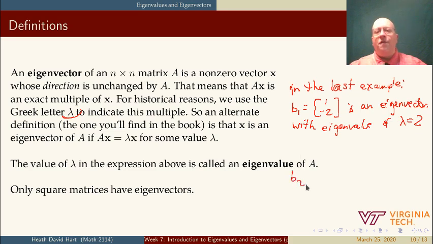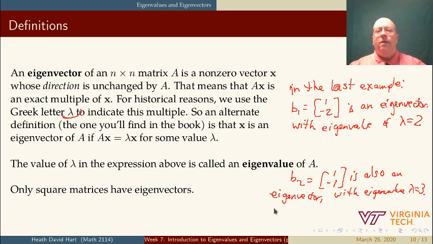And the second vector is also an eigenvector, but it has an eigenvalue of 3.